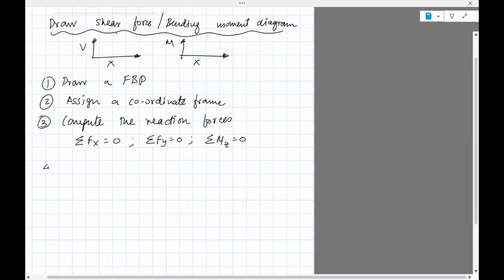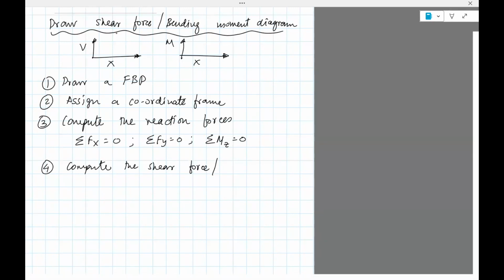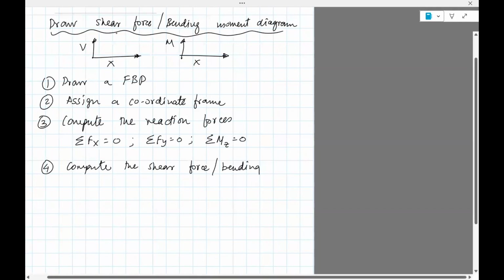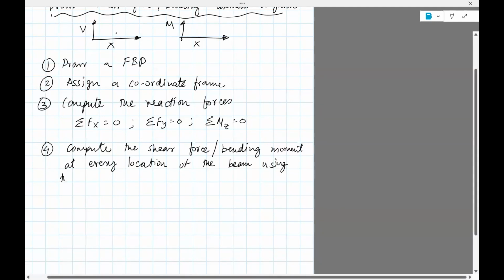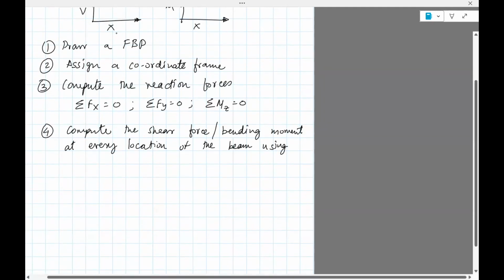Okay, now the fourth step is to compute the shear force and bending moment. Okay, and this we need to do at every location of the beam using these equations.